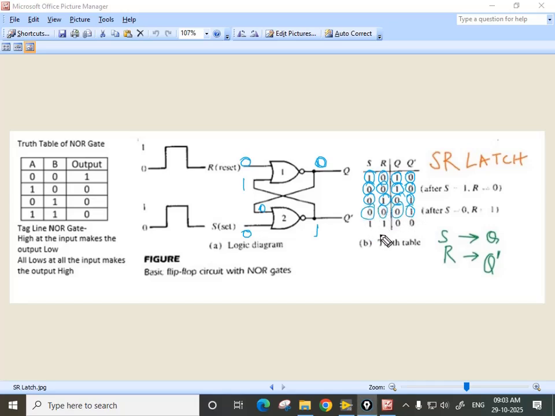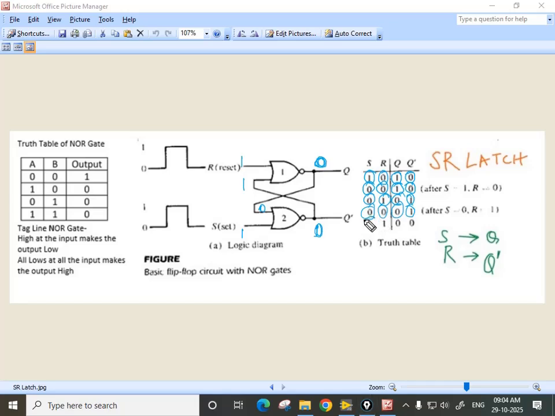Then the last condition is both S and R equal to 1. So let's put S equal to 1, R equal to 1. Both ones at the input will obviously make the output equal to 0, so that becomes 0, and 1 at the input makes the output equal to 0, so this will also become 0.